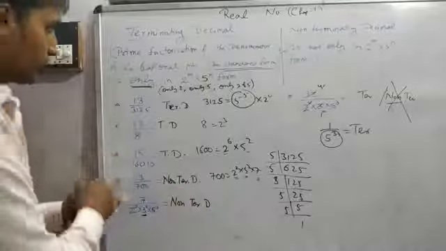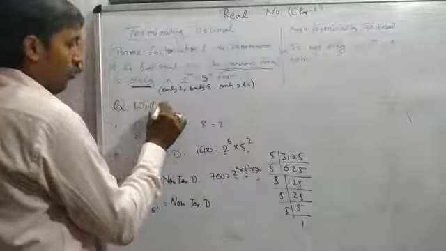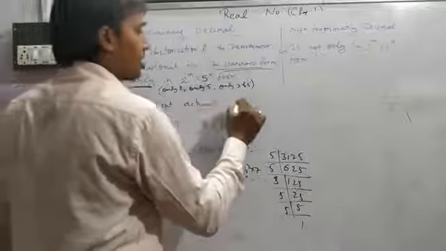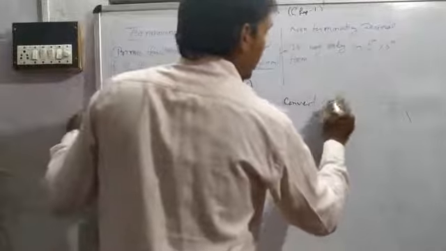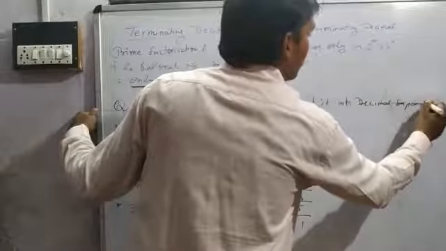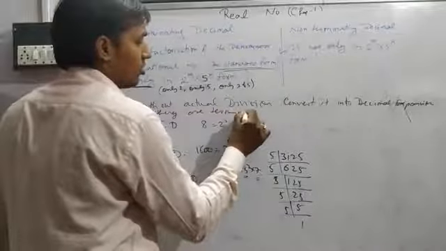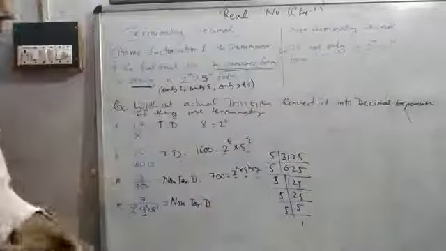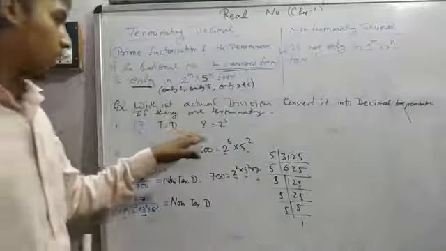Then the other question: suppose that without actual division, convert it into decimal expansion if they are terminating, because non-terminating is not expressed in the decimal form, it is expressed in the bar form, but if it's terminating, you can express it in decimal form.